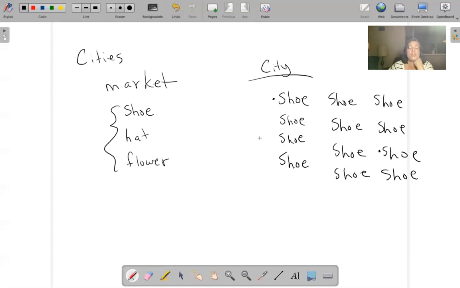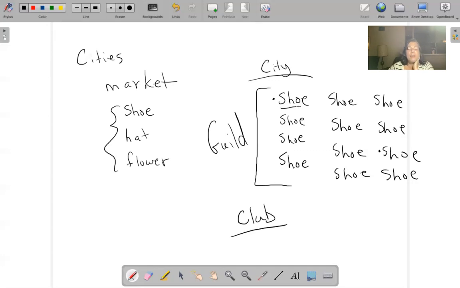So what these shoe stores would often do is they would open up a thing called a guild. And a guild was kind of like a club. It was where all the people that owned the shops, in my example the shoe stores, but it could also be the hats or the flowers or the barley or the oats. It doesn't matter, whoever it is.